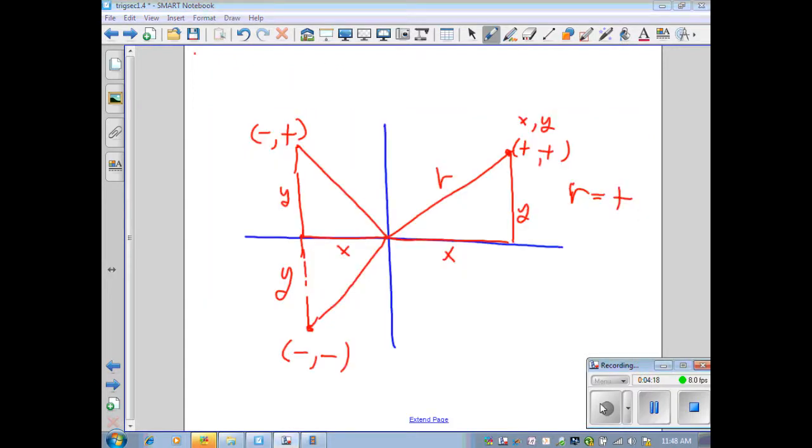Let's finish the illustration by making an angle in quadrant 4. In quadrant 4, I'll form a triangle, and on the terminal side of that angle, I'll put a point x and y, and in quadrant 4, my x value is going to be positive, and my y value is going to be negative.